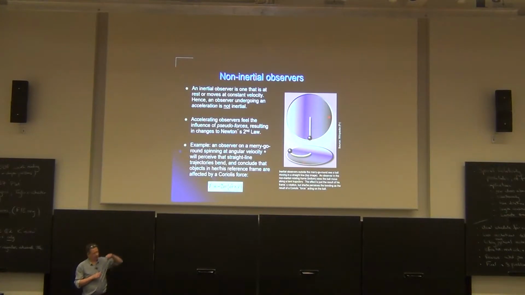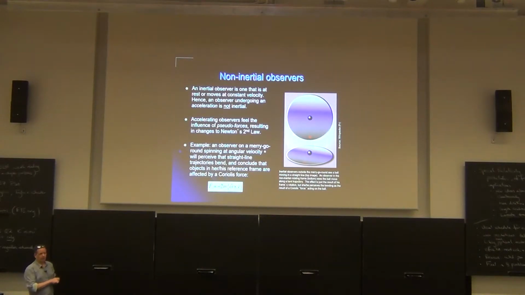That disk is rotating, but the upper thing is showing you what that looks like if you're looking from the outside. And then down below is the representation of what it looks like if you're actually sitting in that rotating reference frame. Okay?